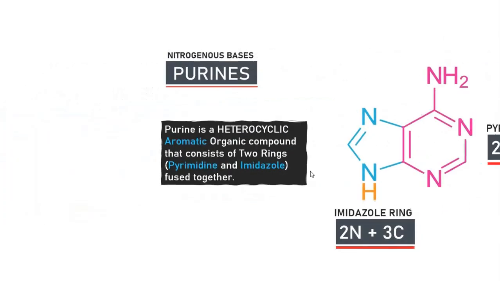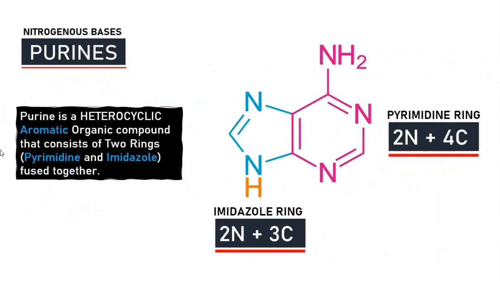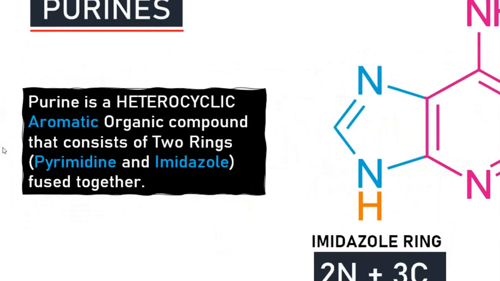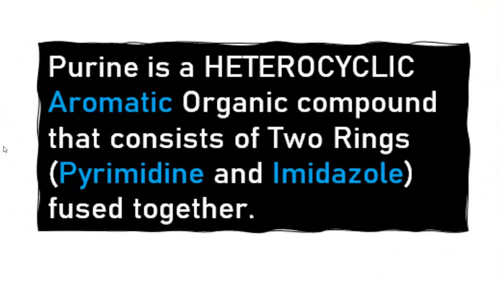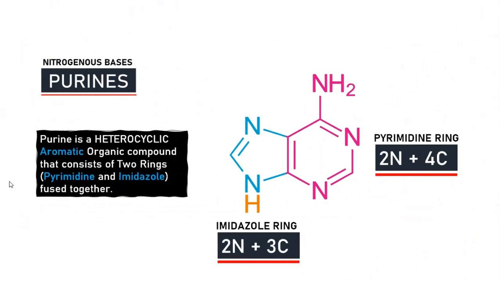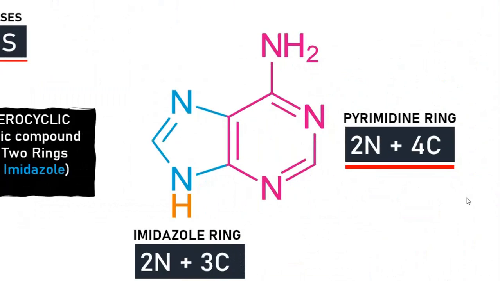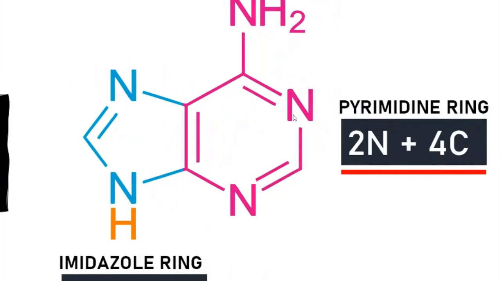Now let us say what exactly the purines are. Purine is a heterocyclic aromatic organic compound consisting of two rings, the pyrimidine as well as imidazole, which fuse together and form the two ring like structure. So here we can see this is the pyrimidine ring, and here we can see the imidazole ring. In the pyrimidine ring, we can see the presence of 2 nitrogens as well as 4 carbons.